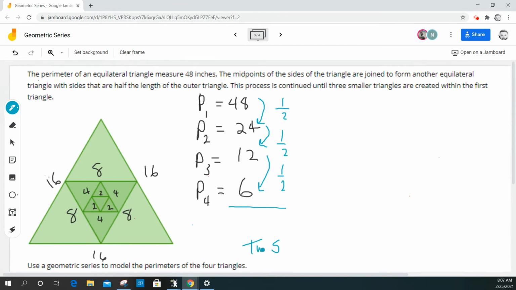So the sum of all of the perimeters is 90. And that's it.